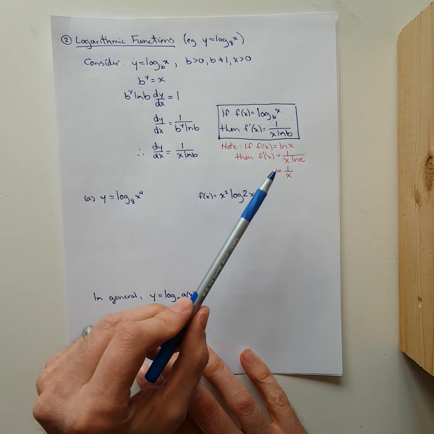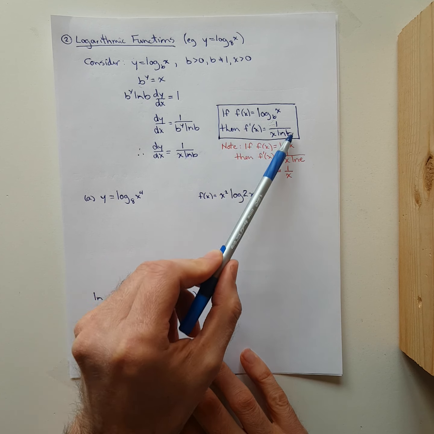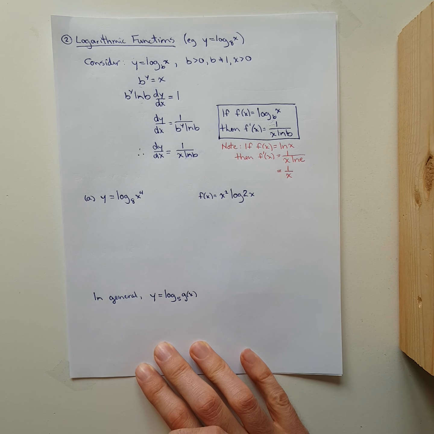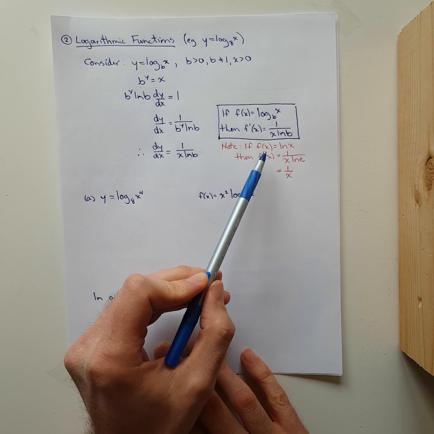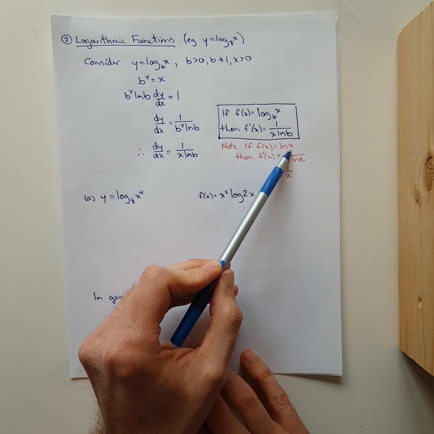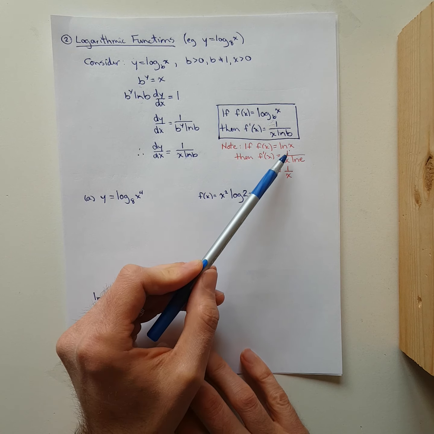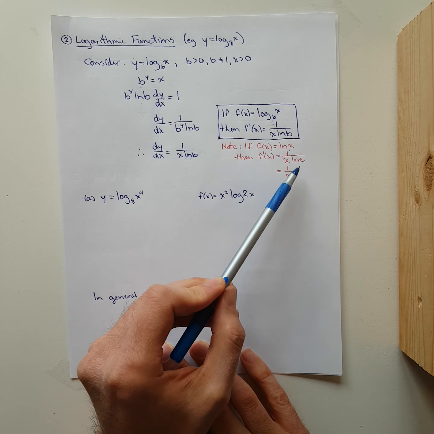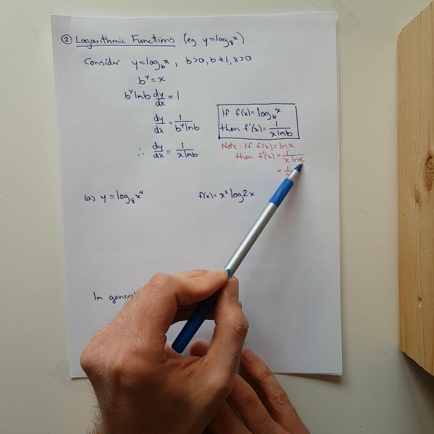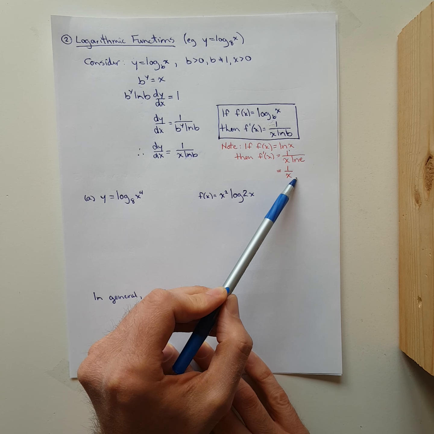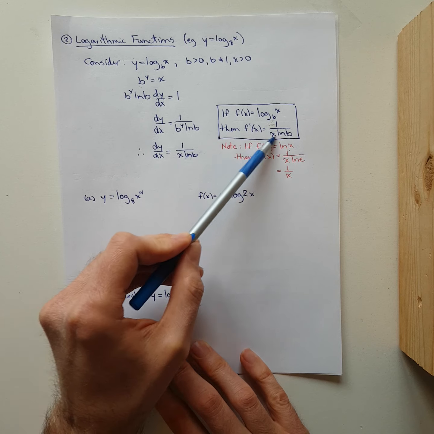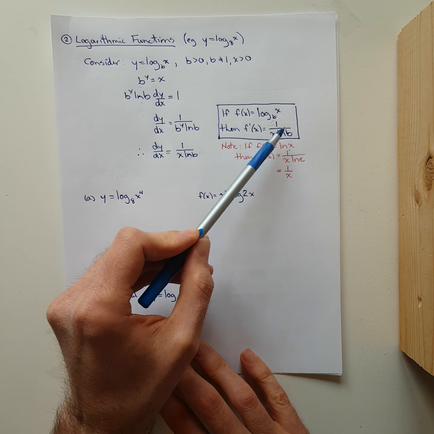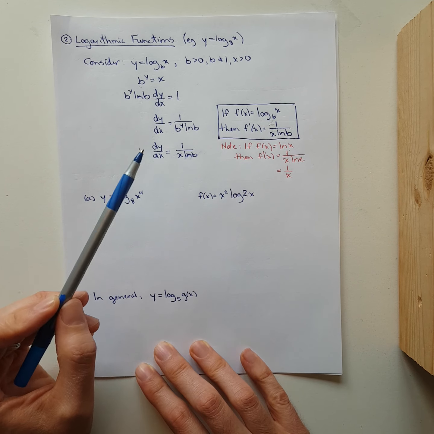And in red, I just wanted to show you that this rule does work for our natural logarithmic function as well. If f of x is ln x, then the derivative using this rule would be 1 over x ln of the base. This base happens to be e, and ln e equals 1. So this natural logarithmic function derivative is actually a really specific case of this more general version.